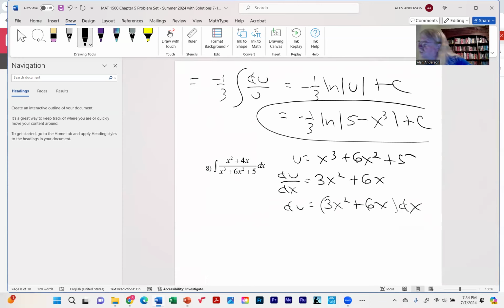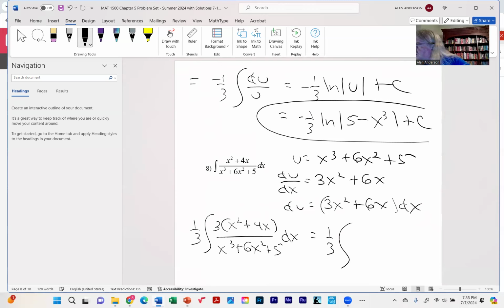Because if you multiply this numerator by 3, what happens? 3, what do you know? 3x squared plus 12x all over x cubed plus 6x squared dx.